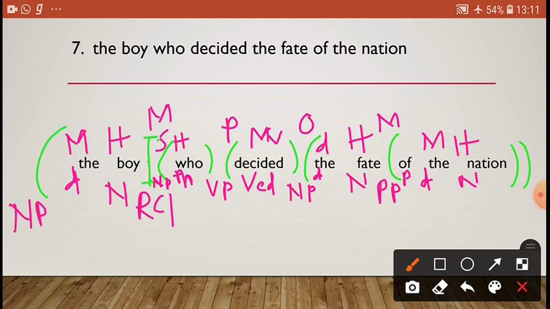So the clause ends here, because in that clause we have 1, 2, 3 and 4 opening brackets, and we have already given 4 closing brackets. So it's okay. Now the final bracket we will give here for the phrase. So this is the phrase analysis of this particular sentence.